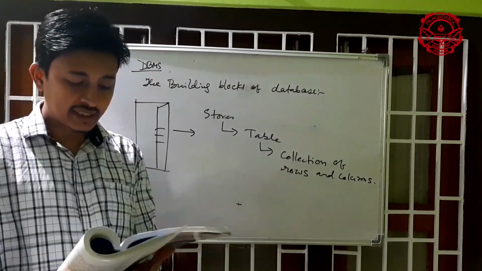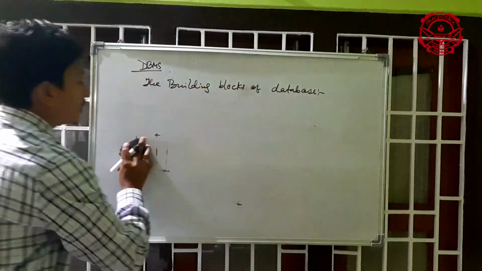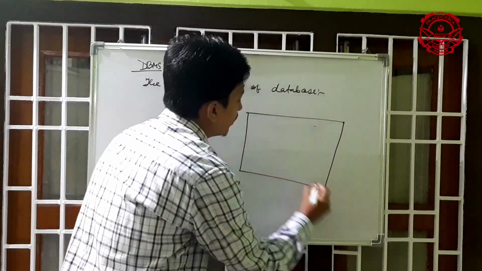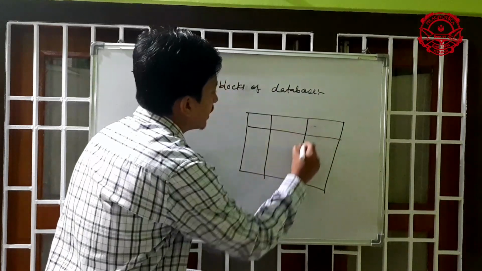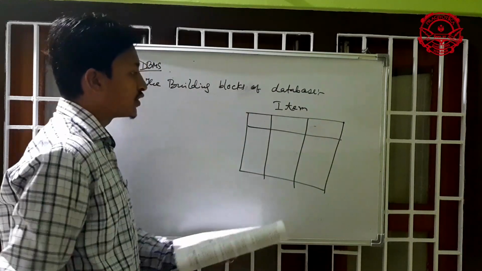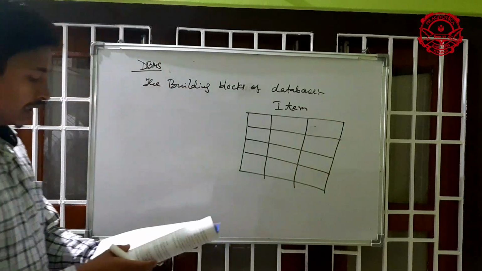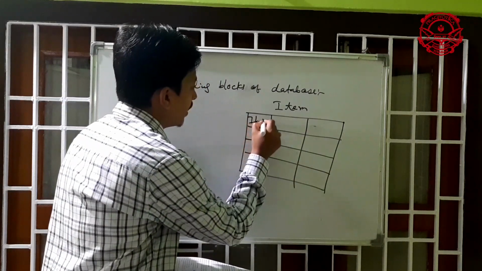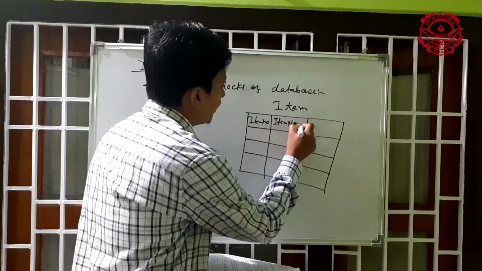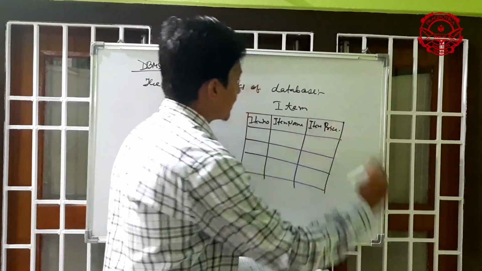In the example below you can see there is a table called item. In the item table there are 3 columns and 3 rows: item number, item name and item price.